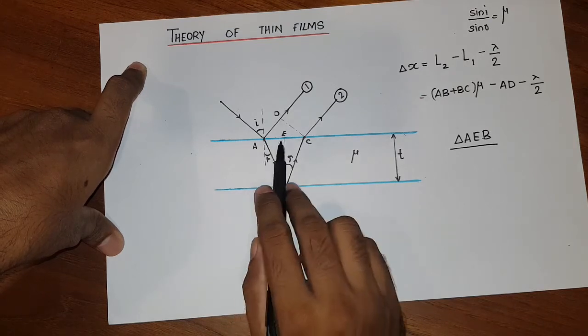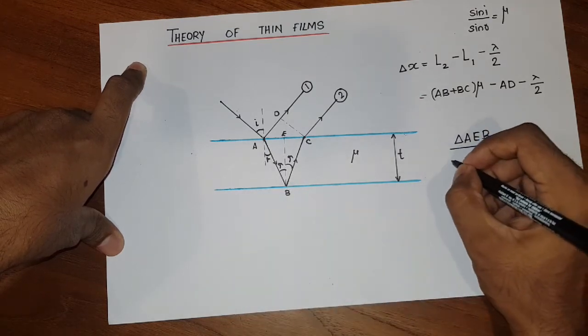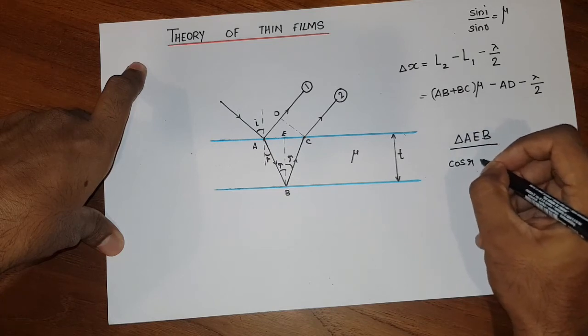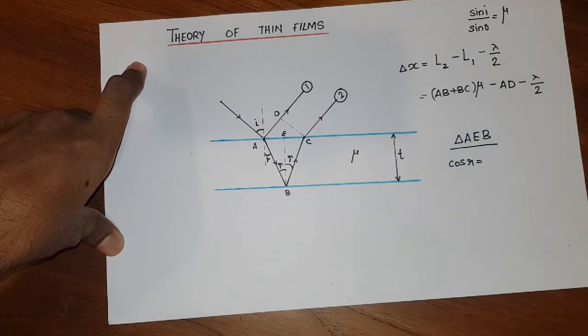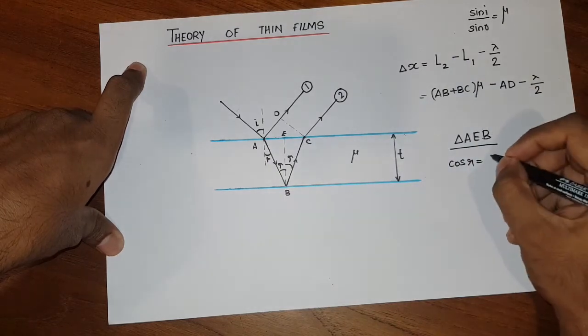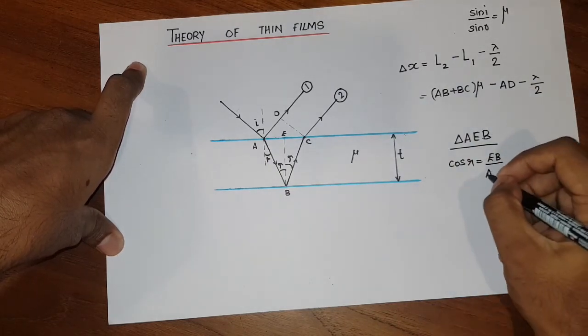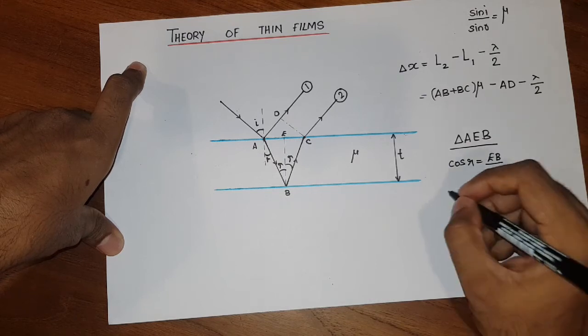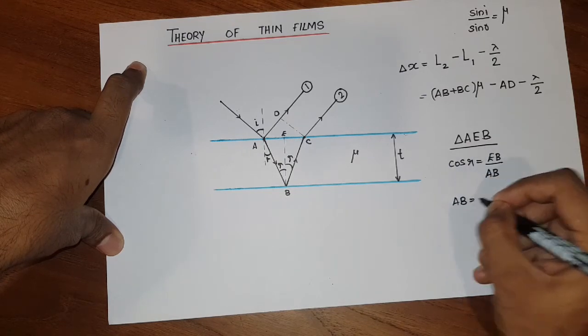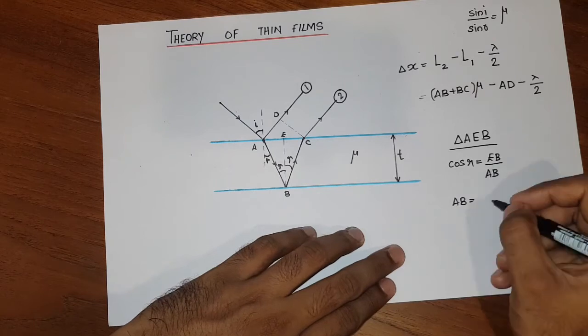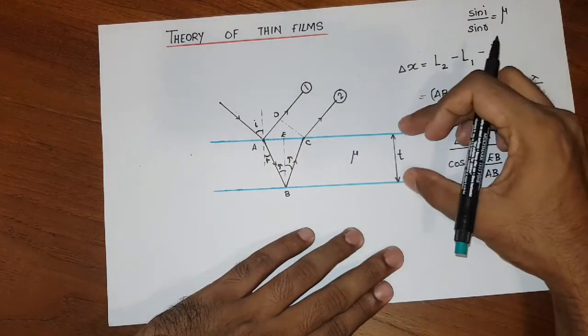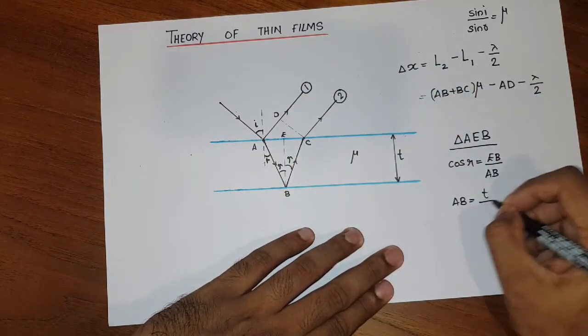And from this triangle AEB, if you take cosine R, what will be the cosine of R? Adjacent side EB divided by hypotenuse AB. And AB can be written as EB by cos R. And what is EB? EB is nothing but the thickness. So T by cos R.